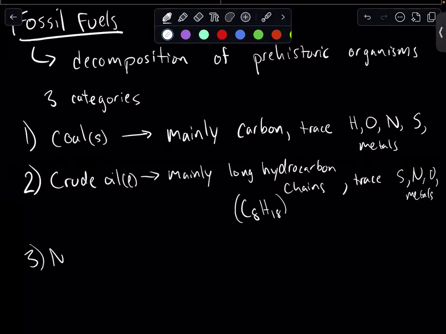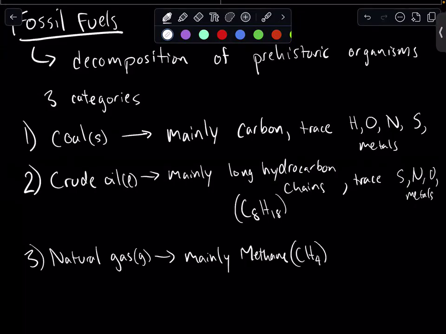Lastly, we have natural gas. When we talk about natural gas, mainly this is methane, which, if you don't remember, is CH4.